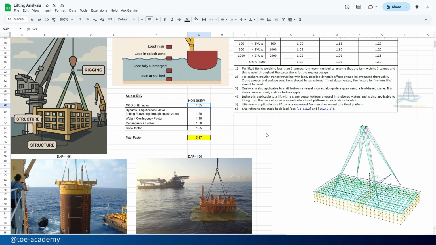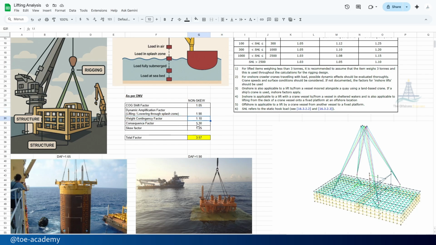At the moment I am just applying 1.05, but there is an actual way to model the COG shift and do the analysis. We will be doing analysis like this, which we will be taking up in the next few videos. We will be coming to this point. Now that is the COG shift factor. The dynamic amplification factor, as I said, accounts for the dynamic effects.